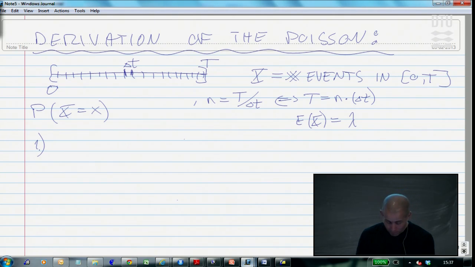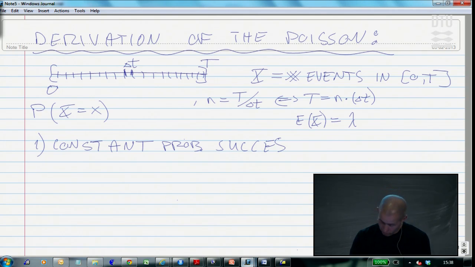We have assumption 1, that things are constant. The intensity, the chance of seeing events, is constant over time. So we get a constant probability of success in those small intervals. Events, sometimes we use the word successes, that's the same as events for me now.